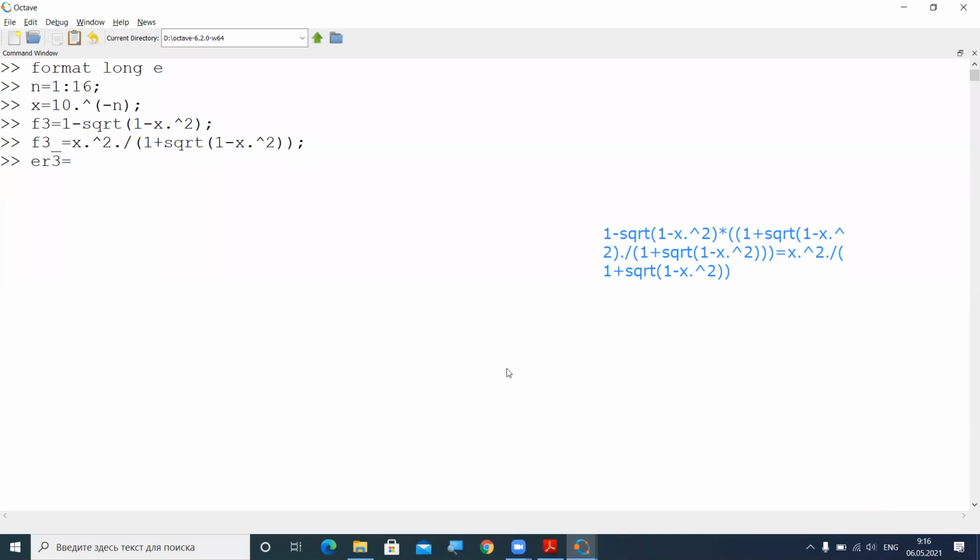We need to find it with respect to the new reformulated function, which will now serve as the exact value function, and divide by the absolute value of f3 underline. So abs of f3 minus f3 underline, divided by abs of f3 underline.